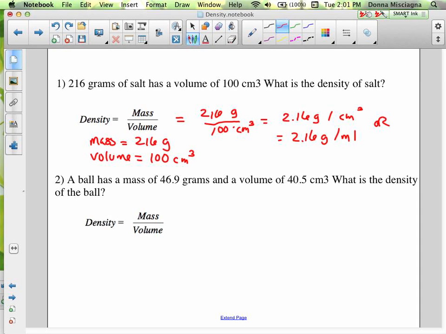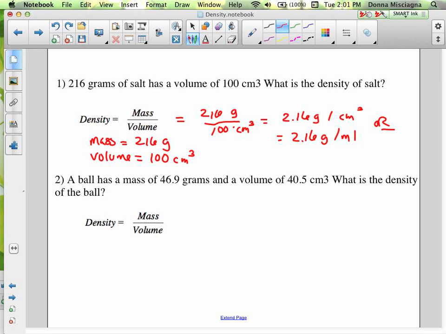Right? Either of those would be correct. It's centimeters cubed, yes. So essentially cubic centimeters and a milliliter are the exact same. Yes, the cubic centimeter and a milliliter are the same.